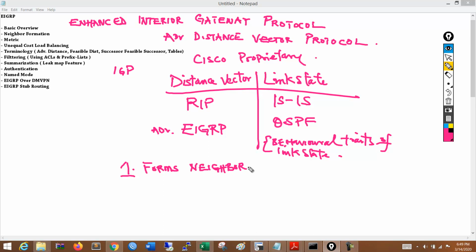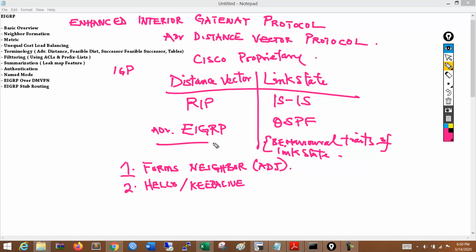It forms a neighborship with its directly connected links. So it will form a neighborship or adjacency. That is one. It will utilize keepalives or hello protocols to keep the neighbor alive, to say, hey neighbor, all the routes I have sent you, they are still valid. So I'll use this hello to say I'm up and all the links I've sent you, there has been no issues.